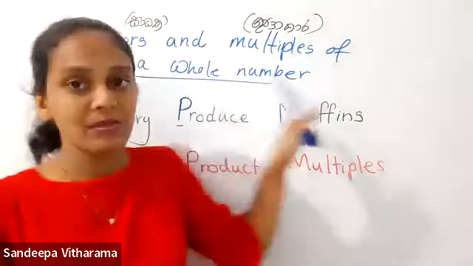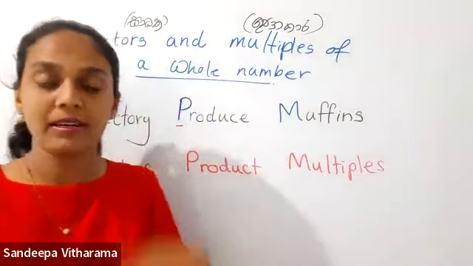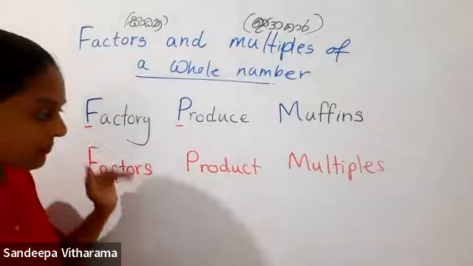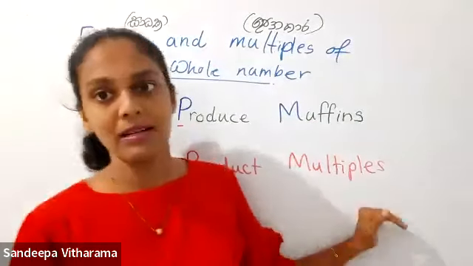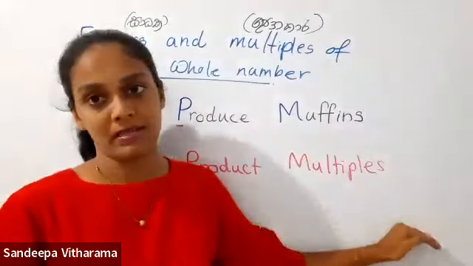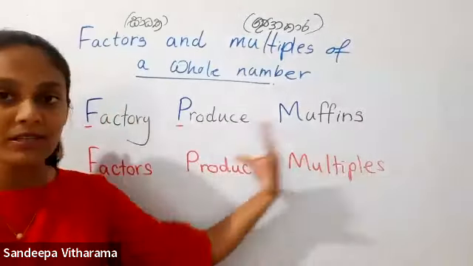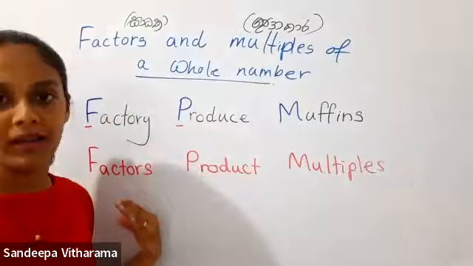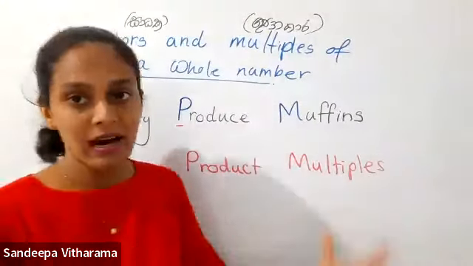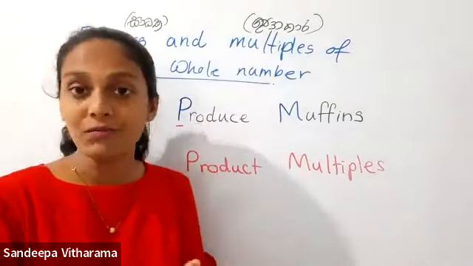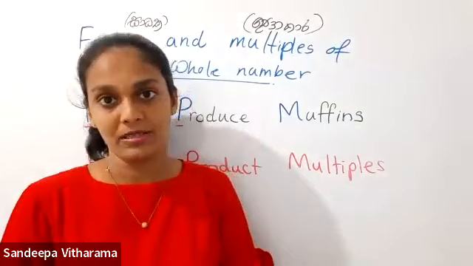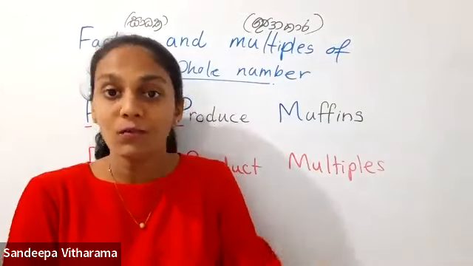Factory produce muffins. Just like the factory produces muffins, factors, product, multiples. That means factors produce multiples. Who produces multiples? Factors. Okay? Then look, the multiples are the numbers that we obtain by multiplying two numbers or three numbers or four numbers.